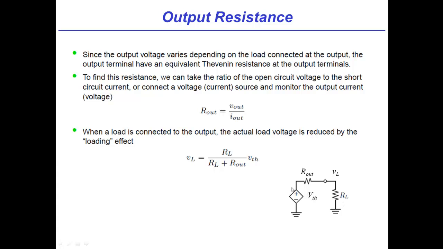So to push the ball back to your side, what do we want our output resistance to be for a good amplifier? Our goal here is to make VL get as close to VTH as possible. In other words, we want the output voltage to be as close to what the amplifier is attempting to generate internally. And for that to be the case, based on this voltage division formula, I would want Rout to be as small as I possibly could.